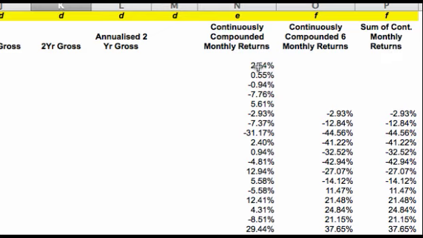But we can theoretically find these continuously compounding returns, and the way we do that is by taking, I'll see if I can scoot back over to the prices here. So we're going to take the log of the current price minus the log of the previous price.